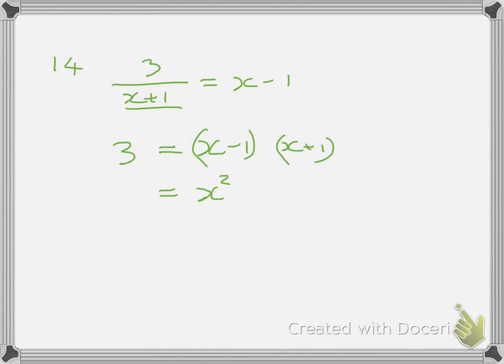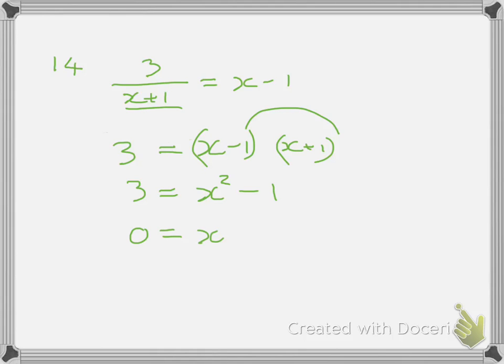So there's x squared, and then, hey, that's a difference of squares, isn't it? x plus 1, x minus 1, so there are no x's in this expansion, but there is going to be a minus 1 when I expand the last 2 terms together. Those all equal 3. Then I have to shift 3 to the right hand side so that the left hand side becomes 0.